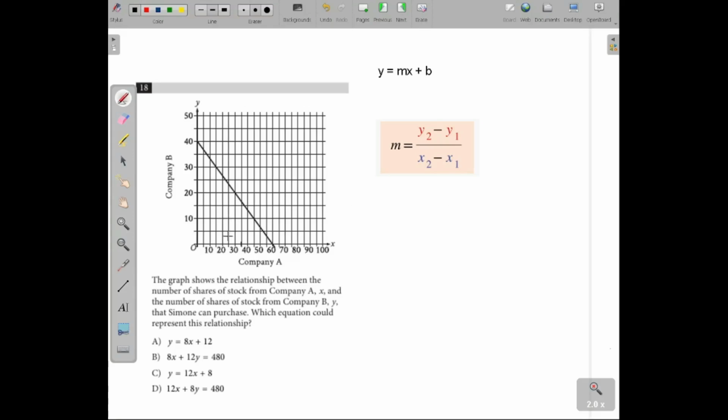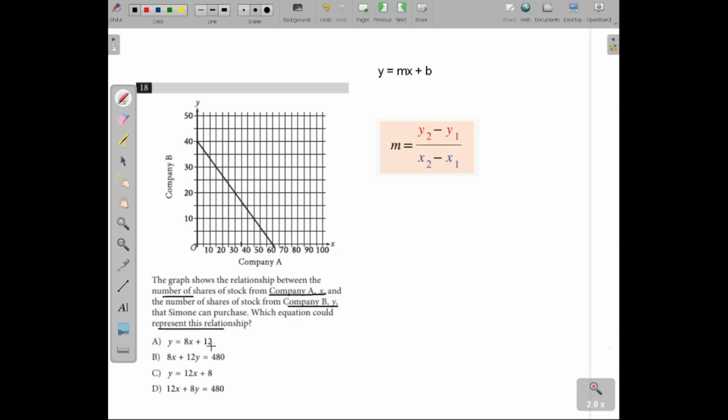Number 18. We have this graph that shows the relationship between the number of shares of stock from company A, x, and company B, y. We need to find which equation could represent this relationship.